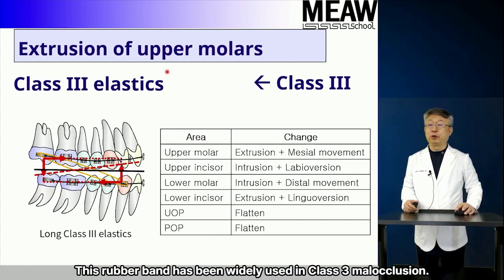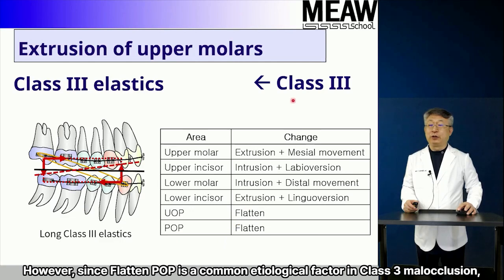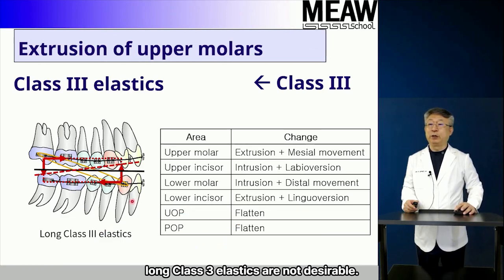This rubber band has been widely used in Class 3 malocclusion. At this time, UOP and POP become flat. However, since flattened POP is a common etiological factor in Class 3 malocclusion, long Class 3 elastics are not desirable.